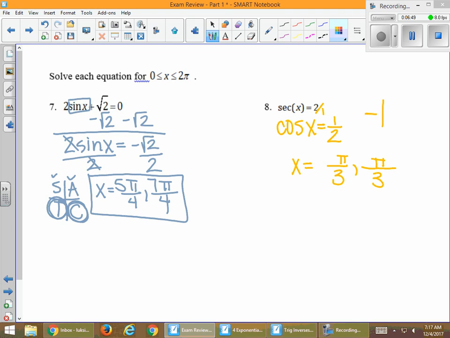And again, I'm going to be careful with my quadrants. Cosine is positive in quadrants 1 and quadrant 4. So pi over 3 is good. And in quadrant 4, my third is 1, 2, 3, 4, 5, 6, 5 pi over 3.